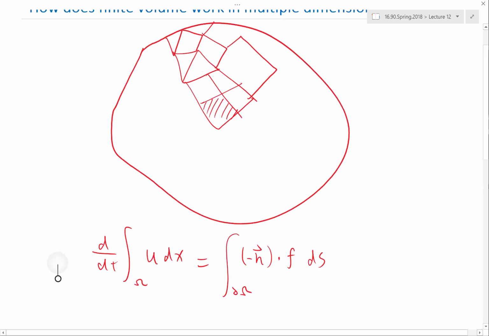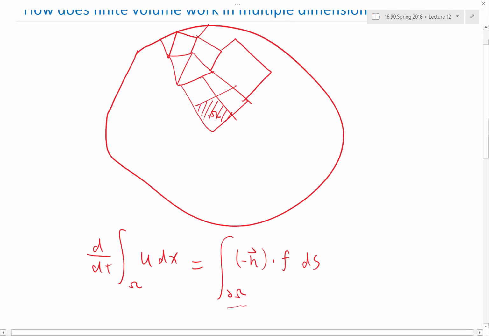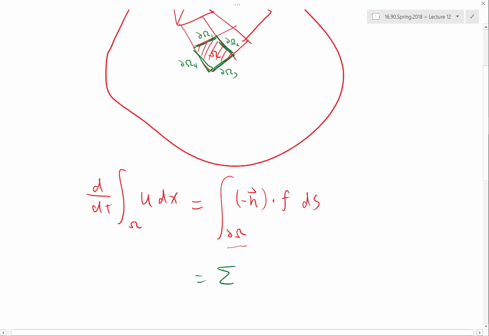Okay, so what is partial omega? If this is omega, then partial omega would be its boundary, right? So this is partial omega, and we can split it into partial omega 1, partial omega 2, partial omega 3, partial omega 4, right? So then this is a summation over partial omega i of minus n dot f ds.